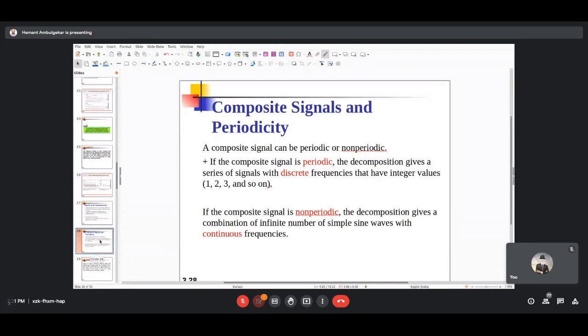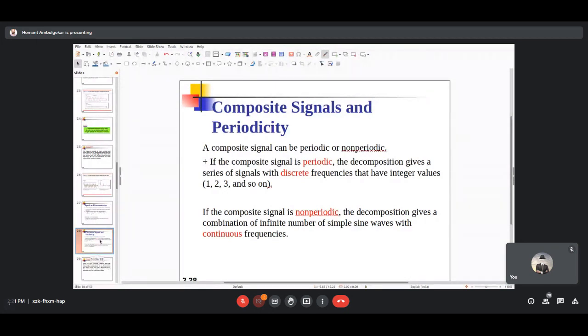So when we decompose a composite signal, specifically a periodic signal, we get a series of signals that have discrete frequencies, in integer values.